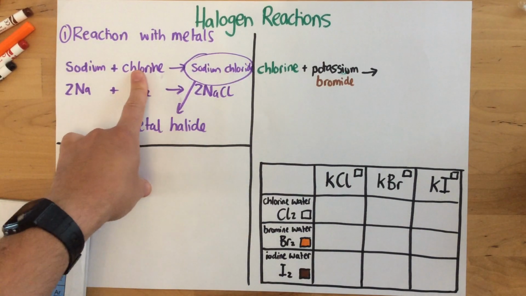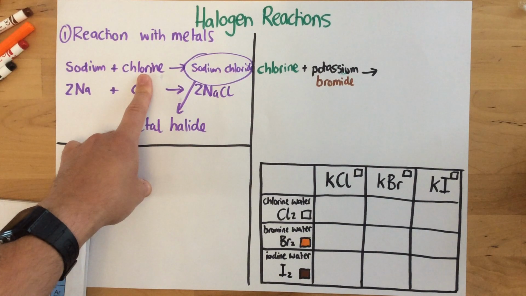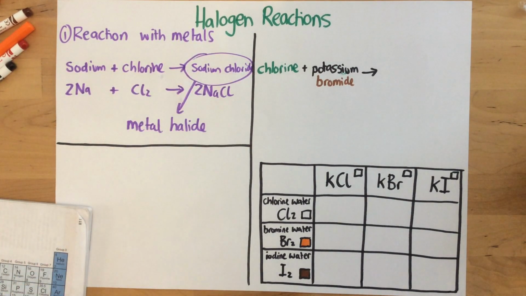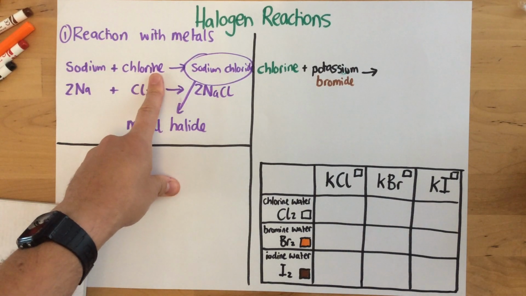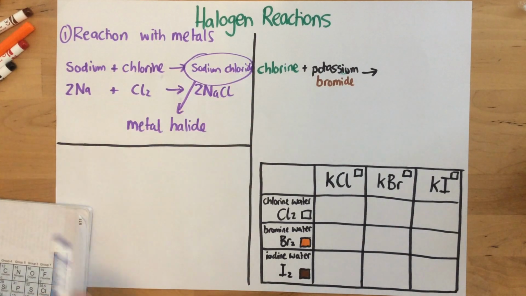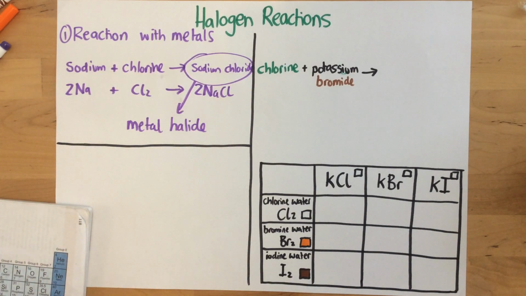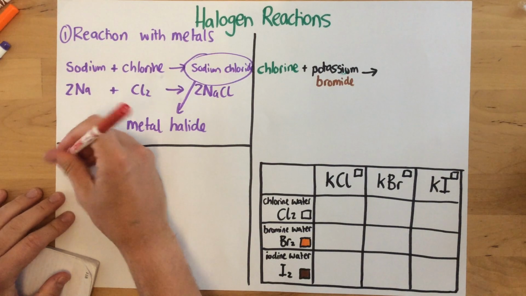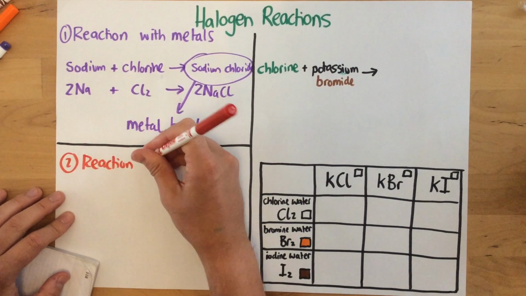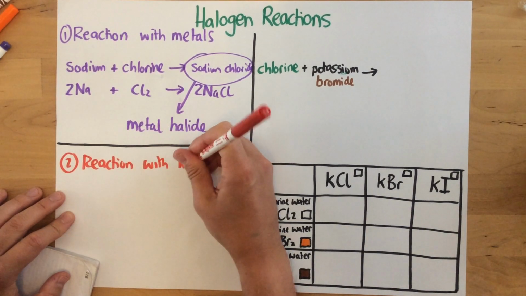If we react with a different halogen, for example fluorine, we'd make sodium fluoride instead. Notice that when the halogen's all by itself, it ends in -ine, and when it's in a compound, it ends in -ide.